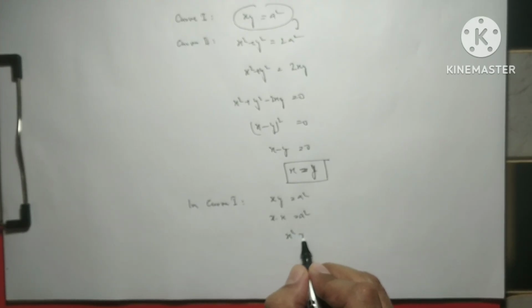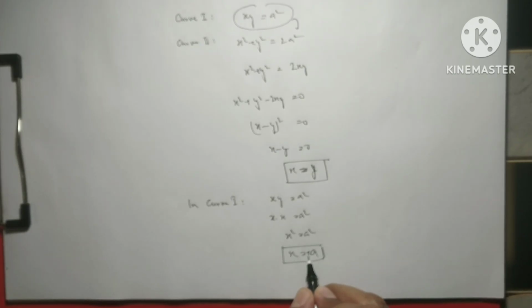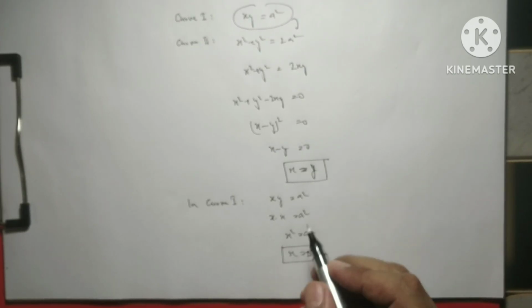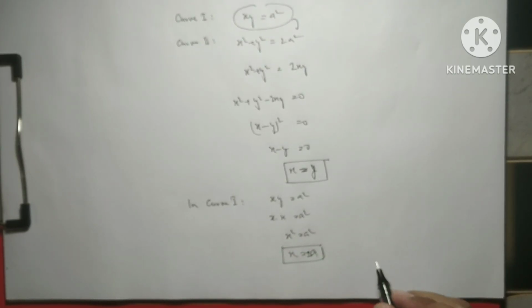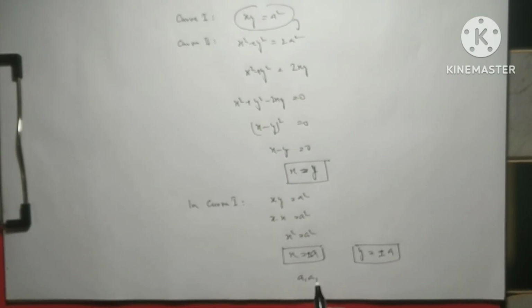So x square equals a square, so we get x equals a, or you can say plus minus a. And because x equals y, y is also plus minus a. So the points are a comma a, or minus a comma minus a. This is the point of contact.